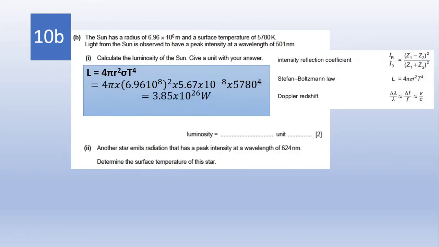Straightforward calculation, substitute only. Another star emits radiation that has a peak intensity at a wavelength of 624 nanometer. Determine the surface temperature of the star. What formula do I use?